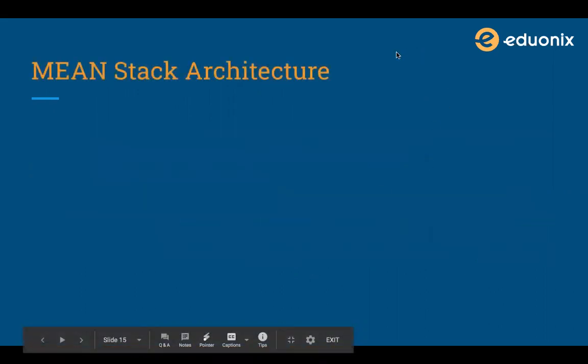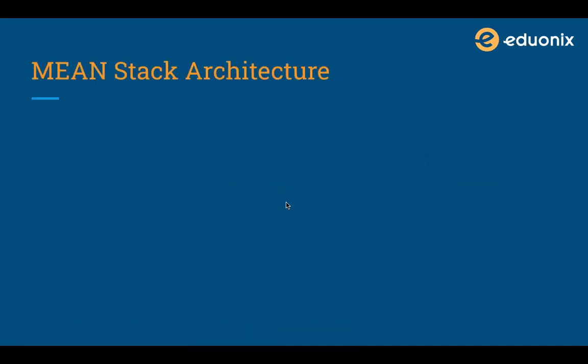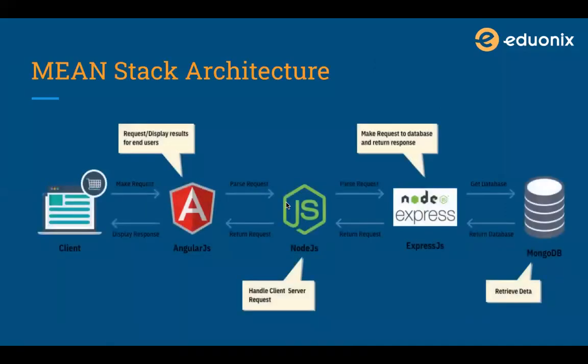Now, what does the typical architecture of my application look like? See this, it will give you a complete understanding. A client makes a request. The request hits Angular. Angular sends it to the Node server. Node receives the request and sends it to Express. Express connects to the database, gets the response, processes it, and sends it back to Angular, which then manipulates it to show you.